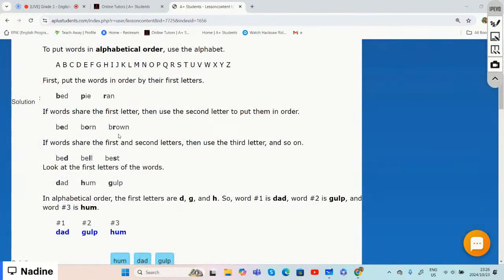And we went over those words. Remember, keeping in mind that if we put words in alphabetical order, we first look at the first letter, and if the first letters are all the same, then we look at the second letters.